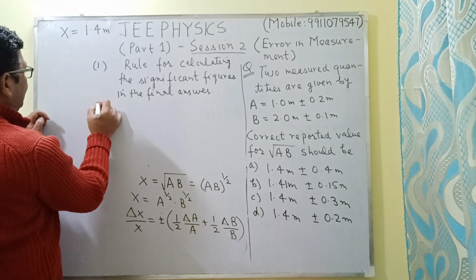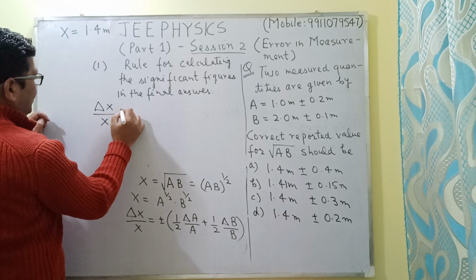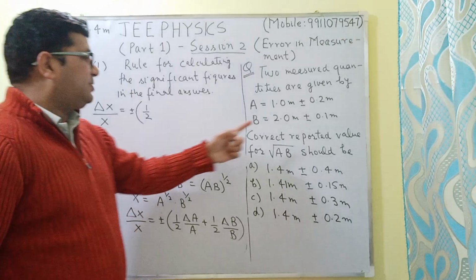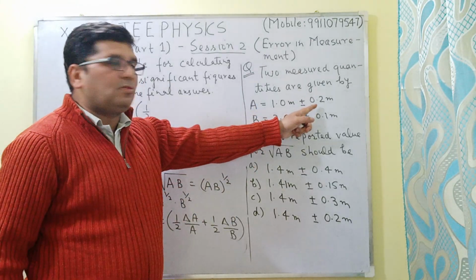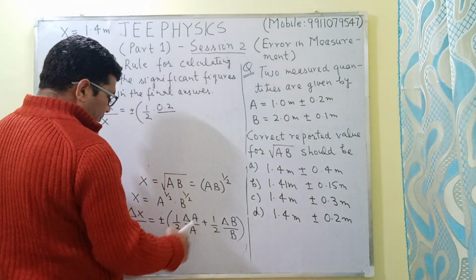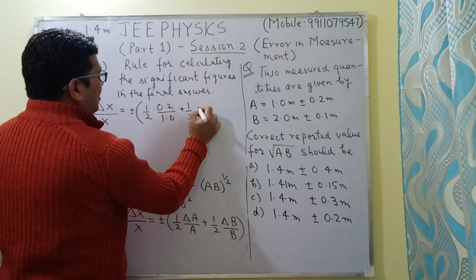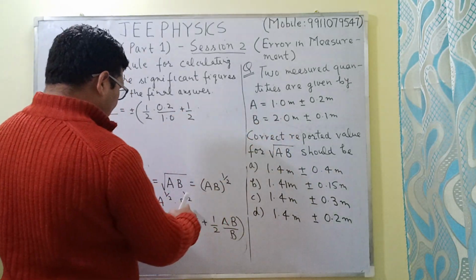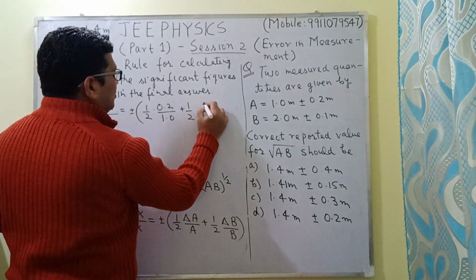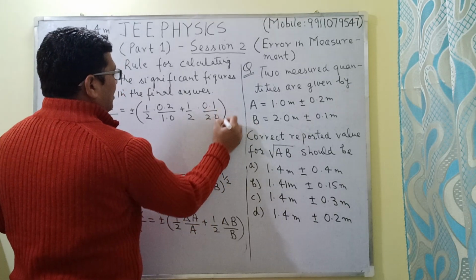So delta x upon x is equal to plus minus 1 by 2. Now delta A is what? This is the absolute error in the measurement of A, which is equal to 0.2. So this is equal to 0.2 divided by A, the true value, which is 1.0, plus 1 by 2 into delta B. The absolute error in the measurement of B is 0.1, so this is equal to 0.1 divided by the true value, which is equal to 2.0.